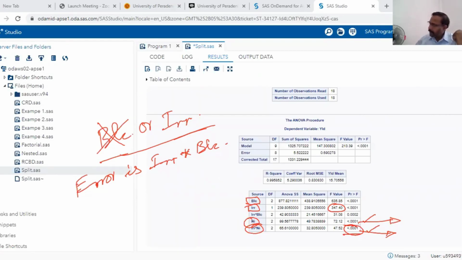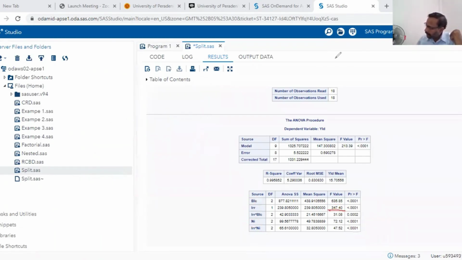Okay, right. So to test our irrigation, this is not the F value. To get that F value, this is my mean square, 239.8. This is to test the irrigation.